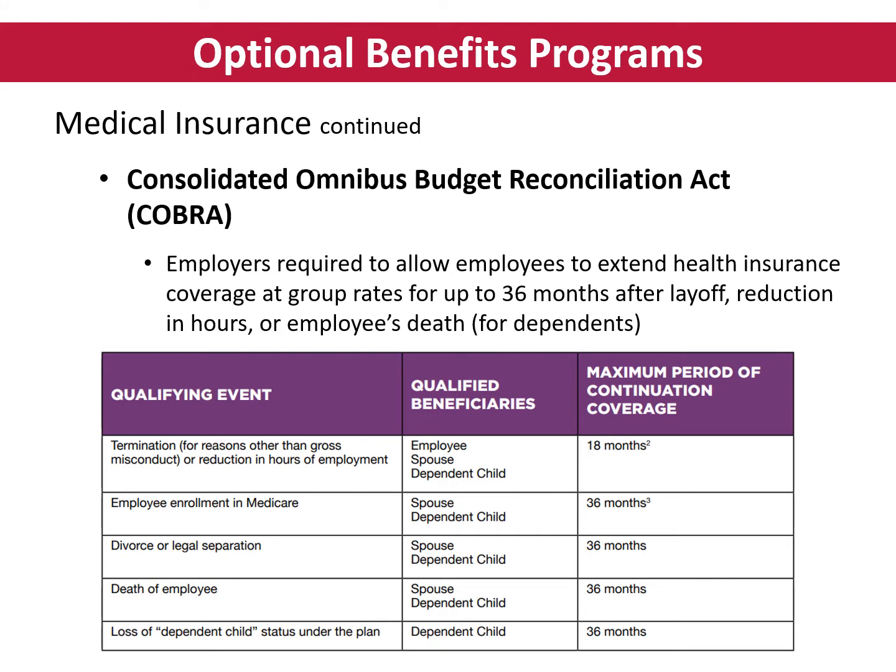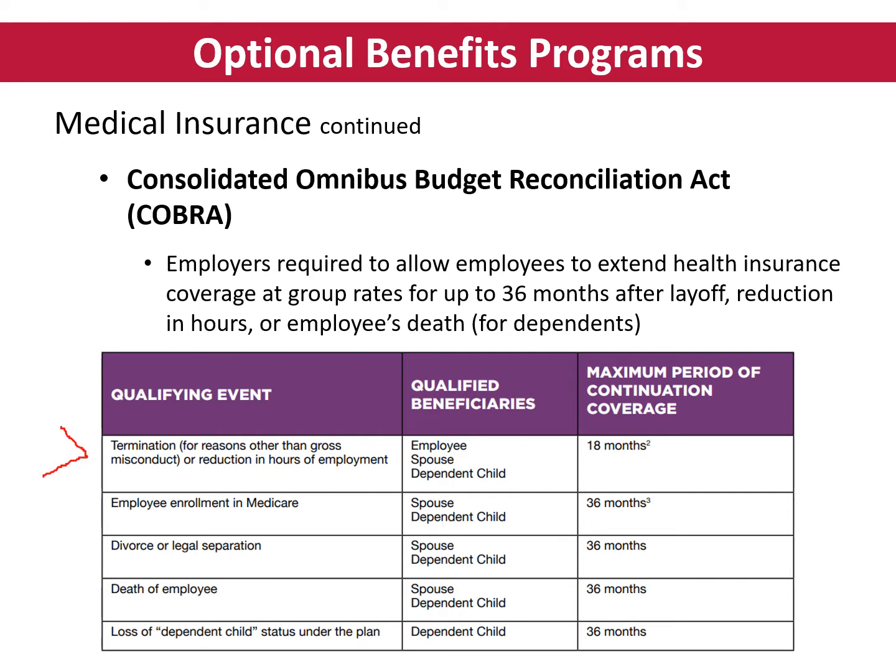The reason for COBRA is that it allows you to continue to benefit from those discounts that we talked about previously after you lose your insurance. Now, if the reason that insurance is lost is termination, then COBRA eligibility is 18 months.